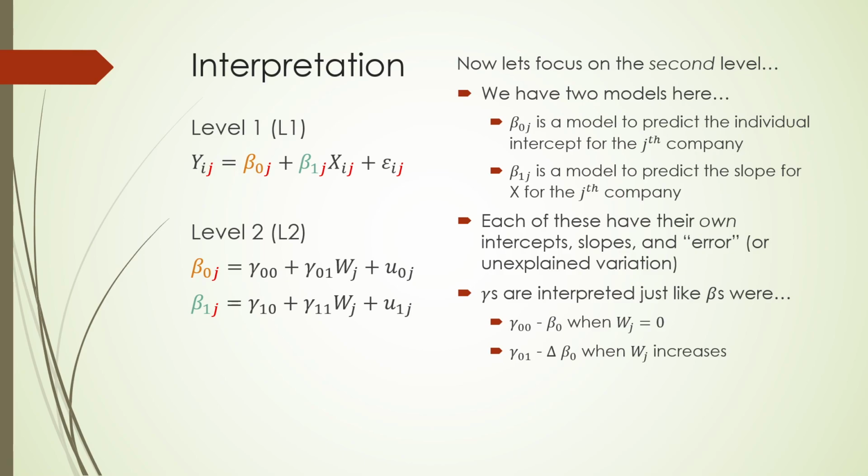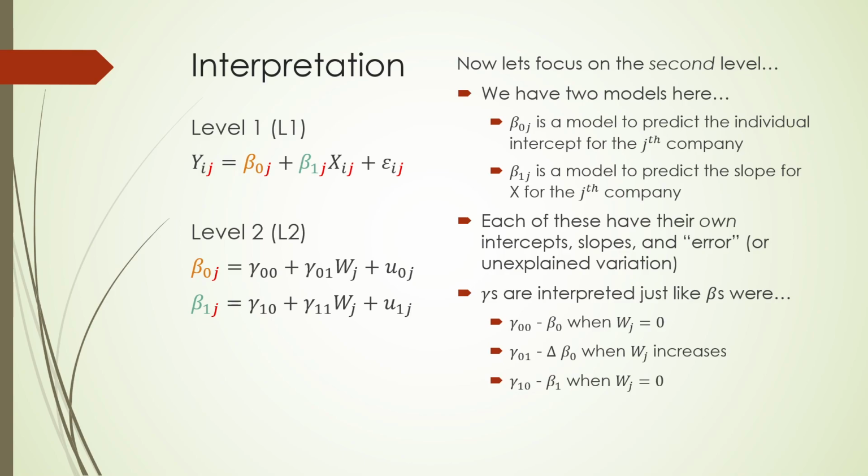That's what this gamma sub 01 represents. And more generally, w sub j could be a continuous variable, and we could look at, for a single unit increase in w sub j, what's the change in base pay in our case. But again, this is assuming x, the skill level, is still 0.